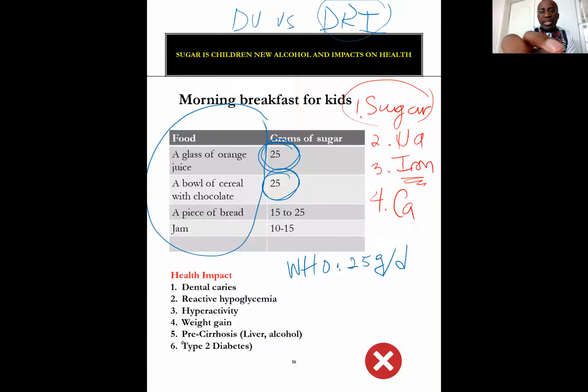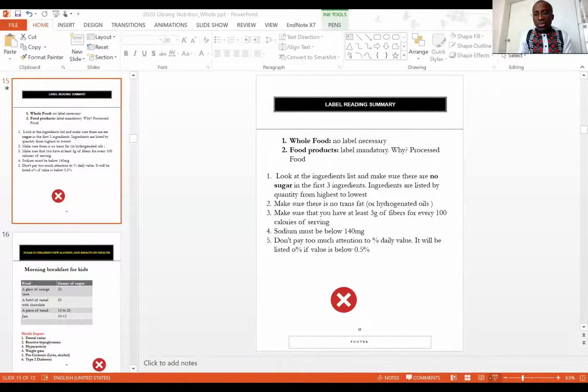This is why we have to be careful when we talk about daily value and dietary reference intake. And you will see that on the food label, you don't see the percentage daily value. I'll come back to explain it a little bit more.